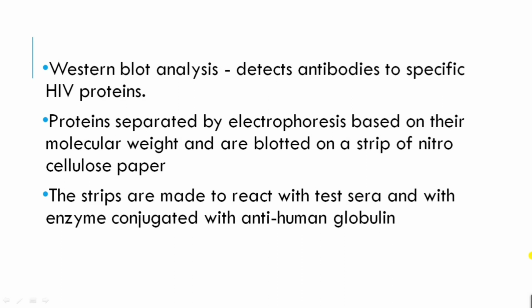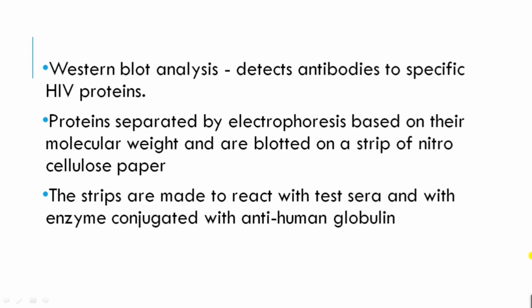And these nitrocellulose papers are made to react with test sera with enzyme conjugated anti-human globulin. So first we need to separate the HIV proteins based on their molecular weight using electrophoresis, and the separated proteins will be blotted onto a nitrocellulose paper strip.